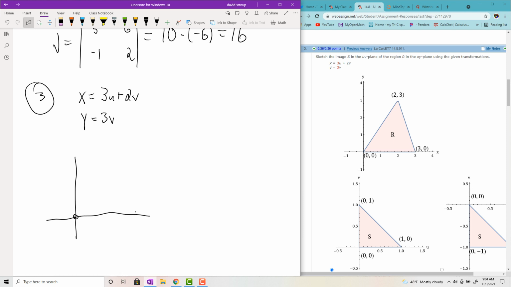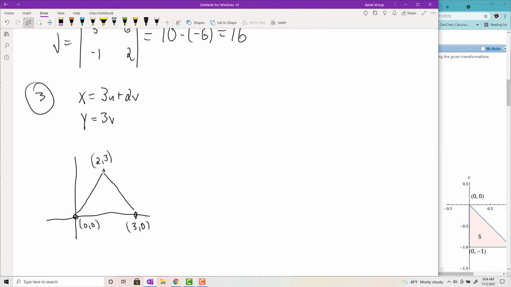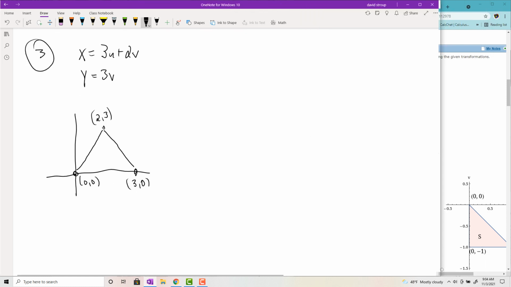The book, if they had an example like this, would probably just tell you to convert the coordinates using those formulas. But even to do that, you're going to have to rewrite everything in terms of x and y. So you're going to need a formula for u in terms of x and y, and a formula for v in terms of x and y. My approach is to find the formulas for the equations in terms of x and y, and then you could do substitutions.